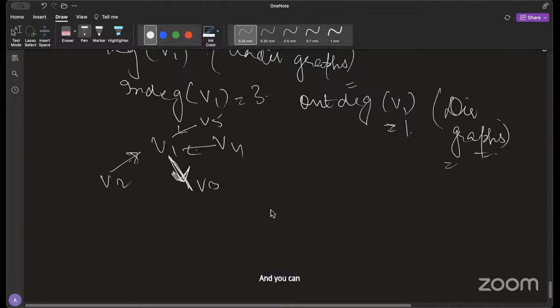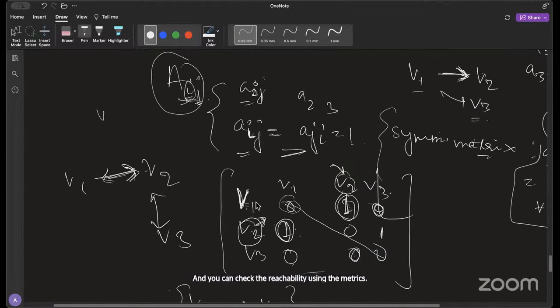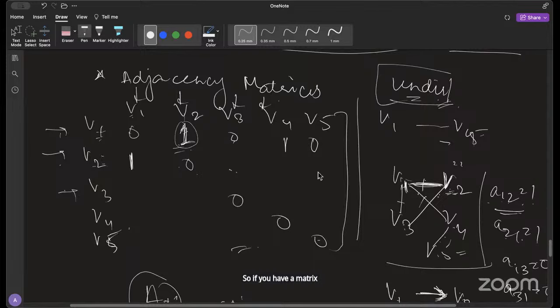And you can check the reachability using the matrix too. So if you have a matrix, let's just fill this matrix. So if you have a 1 here, V3 and V1, so this should be 0. And then V1, V3, V1, V4 is 1. This should be 1. And this should be 0. And then we can just do this thing.